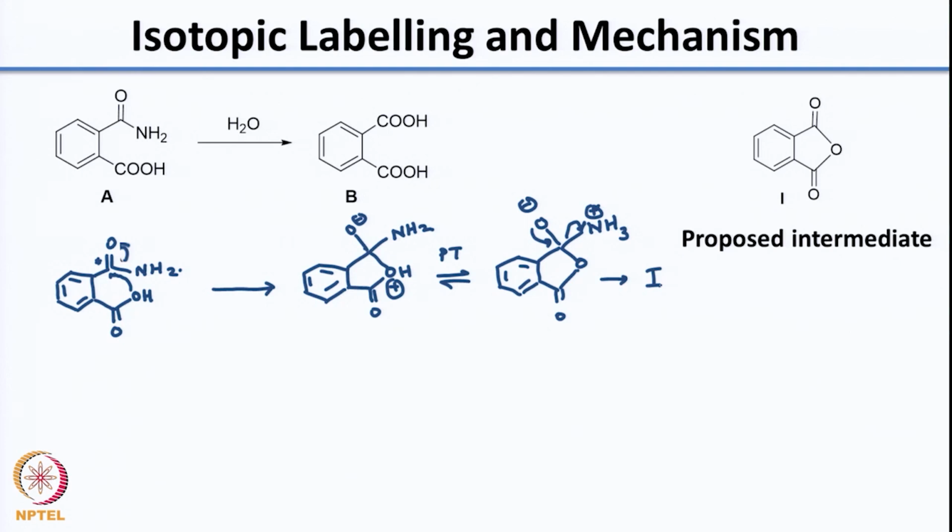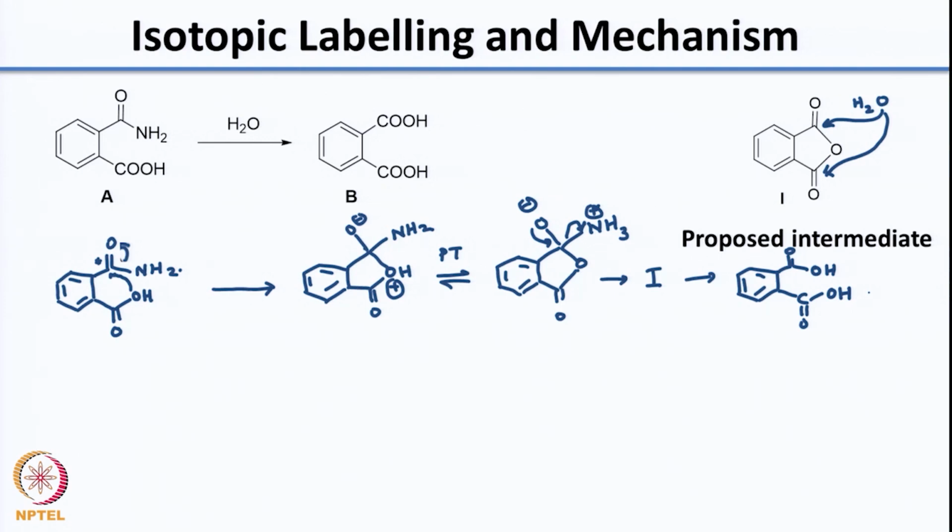So, once you have your intermediate I, you can have your water attack at either of these positions. So, it can either attack here or it can attack here, and essentially what you will get would be, since it is symmetric, again after a bunch of proton transfers, you get your product.